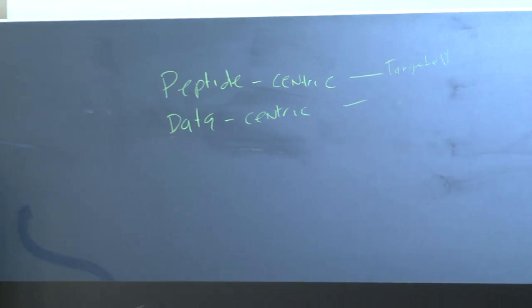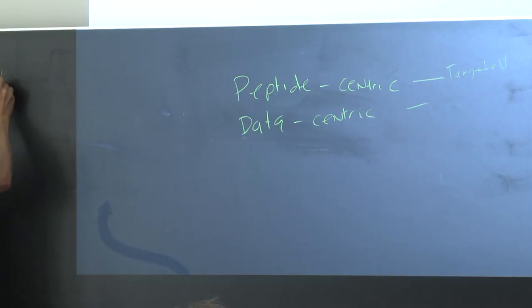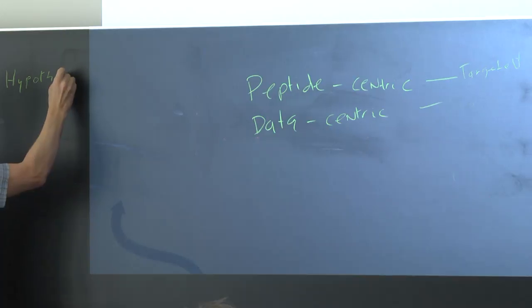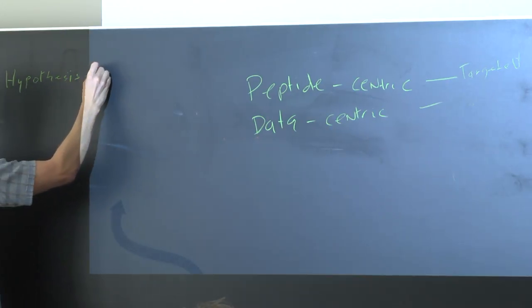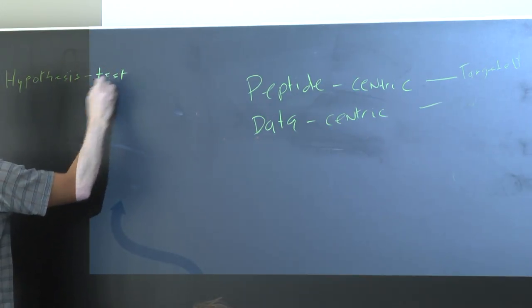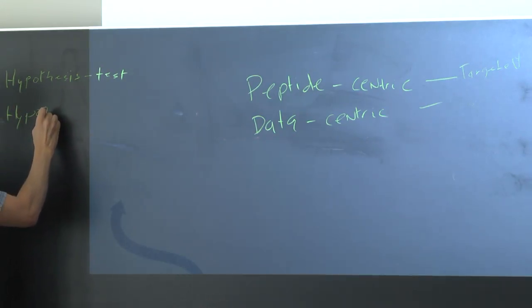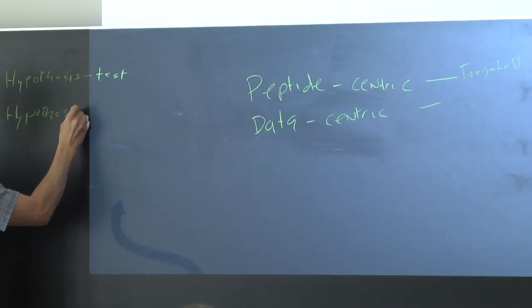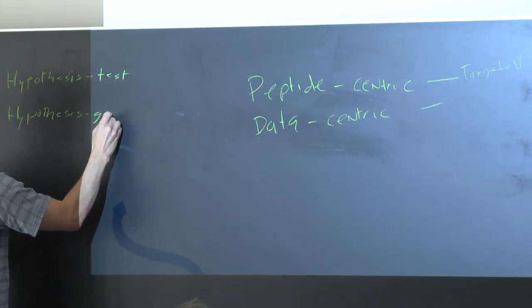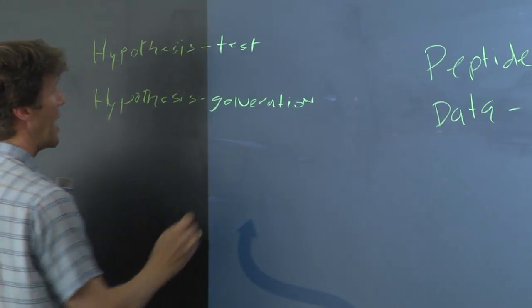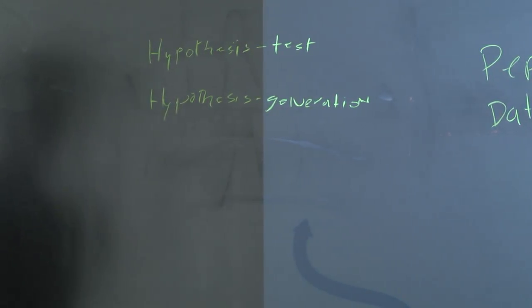But then the other axis on which we view targeted versus untargeted is what we've been talking about: hypothesis test versus hypothesis generation.